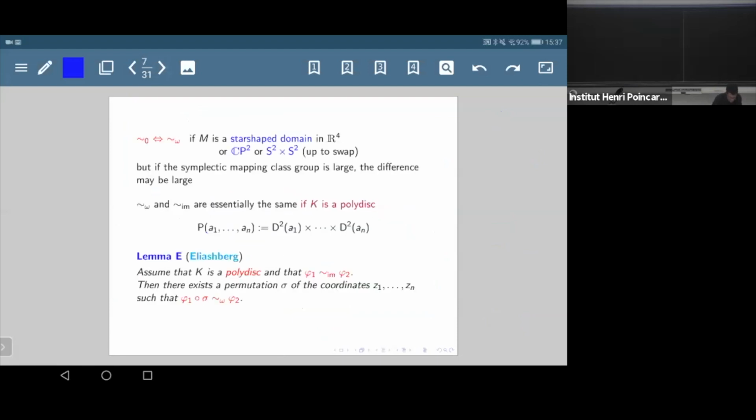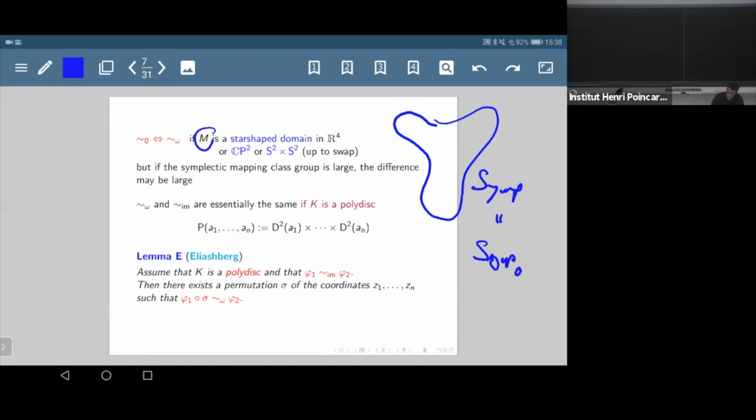Okay, and the remark that answers your question, hopefully, is that if the target manifold is like star-shaped in R4, or CP2 or S2 cross S2 with the swap ambiguity, then we know by Gromov that the mapping class group is trivial, meaning that Symp is anyway just Symp_0.